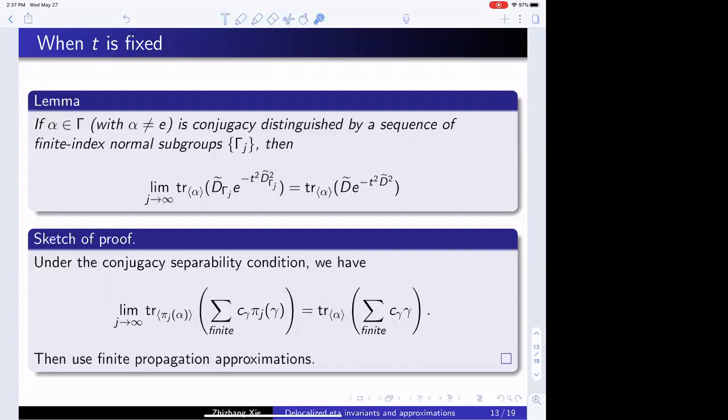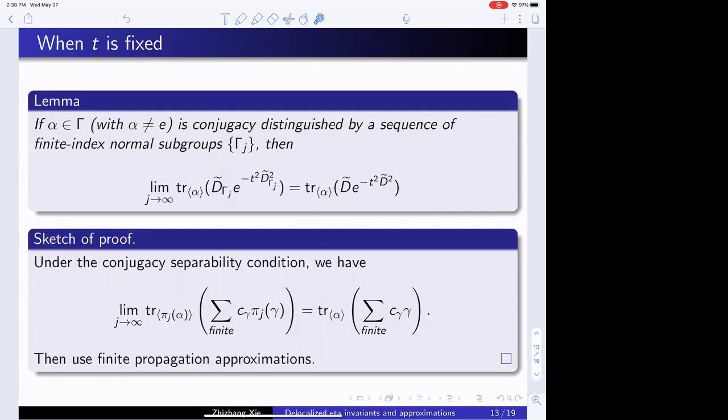This lemma says if alpha is a non-identity, non-trivial element, and suppose its conjugacy class is distinguished by a sequence of finite index normal subgroups Gamma_j, then for each fixed time t, this trace, this integrand here, when j goes to infinity, does converge.